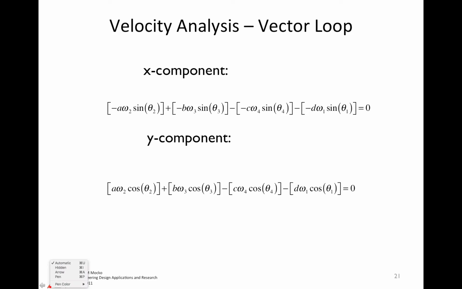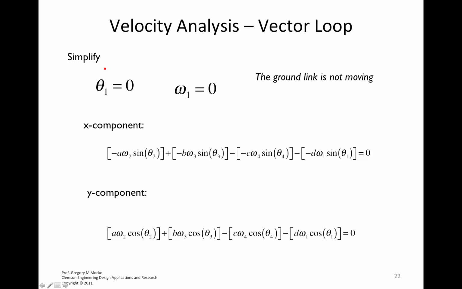So again, this is v2, this is v3, this is v4, and this is v1. Important to note that the summation of those velocities equals 0 in both x and y, right?